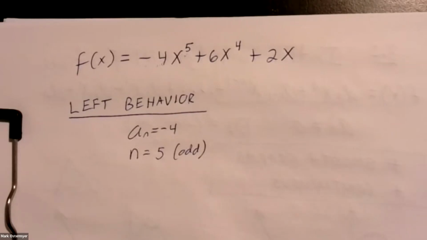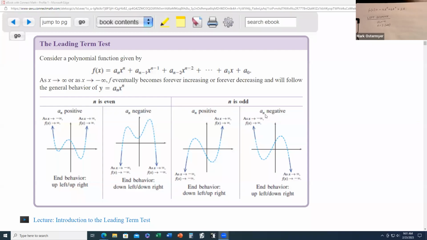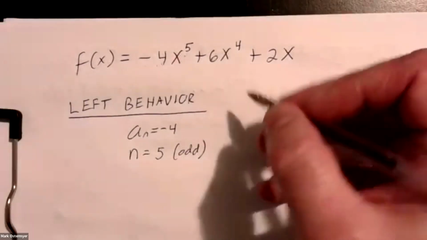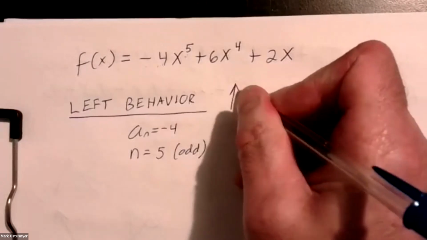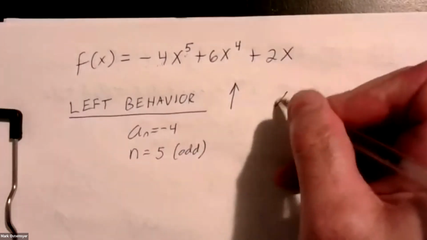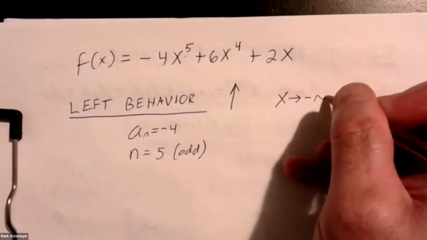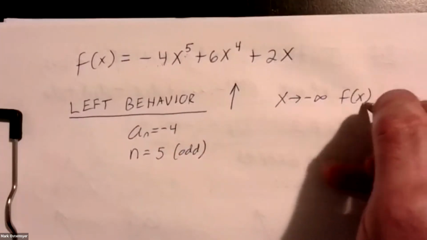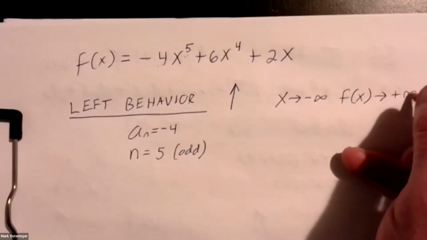Well, if you go back to that theorem, you can see that for an odd degree polynomial with a leading coefficient that's negative, the left behavior will have the graph going upwards towards positive infinity, and the right behavior will have the graph going down towards negative infinity. So the left behavior has the graph going upwards, or to be more technical, we would say as x approaches negative infinity, f of x will be approaching positive infinity.